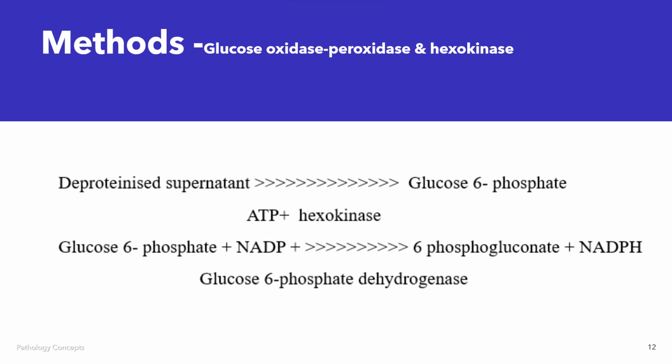Glucose 6-phosphate is then acted upon by glucose 6-phosphate dehydrogenase in the presence of NADP+ to form NADPH and 6-phosphogluconate. The amount of NADPH generated is measured by recording absorbance at 340 nanometer, which is proportional to the glucose concentration in the sample.